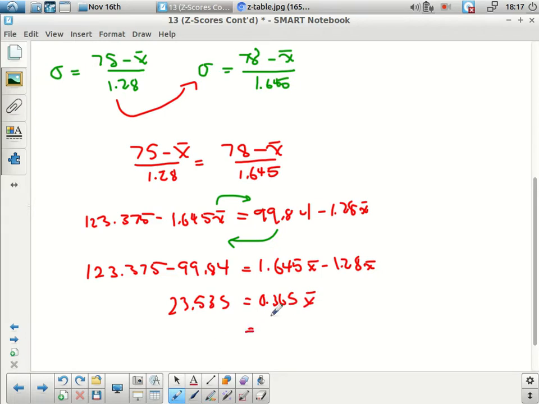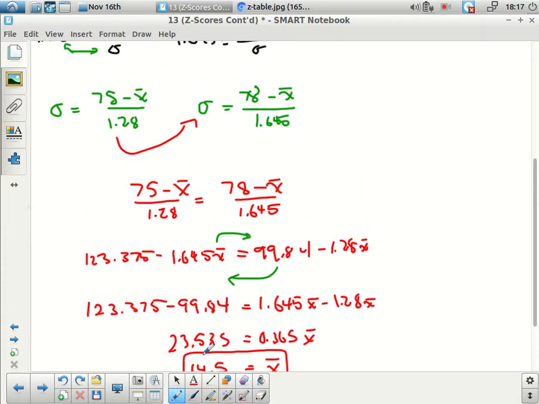Okay, next step would be to divide this by 0.365. So when I do that, I get about 64.5. Okay, so the mean score on this math contest was 64.5.